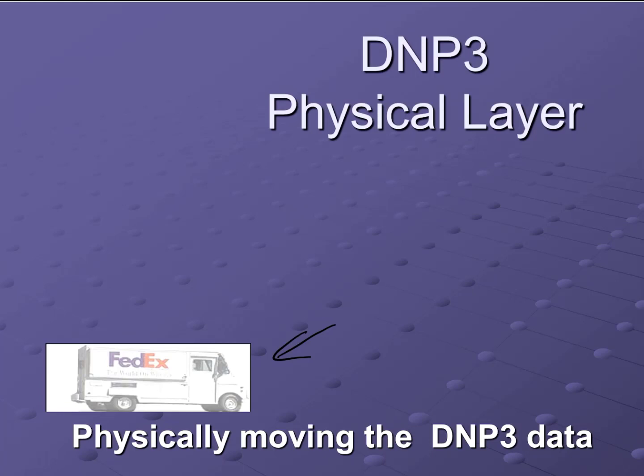Essentially, this is an analogy of a FedEx shipment, and how the labeling of a FedEx shipment in order to deliver it to the other end involves waybills and addressing and weights and measures and number of packages and things like that. So it's using a FedEx shipment as an example to relate to this all. And I think you'll see where it's going once we go forward and look at the different layers in the DNP3 message.